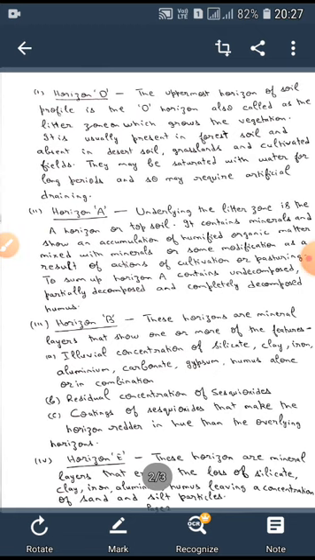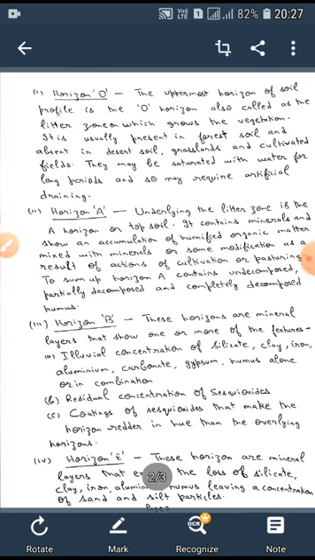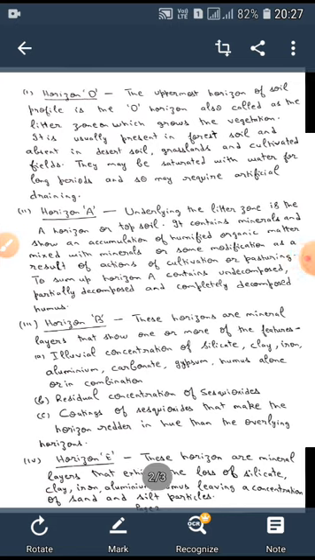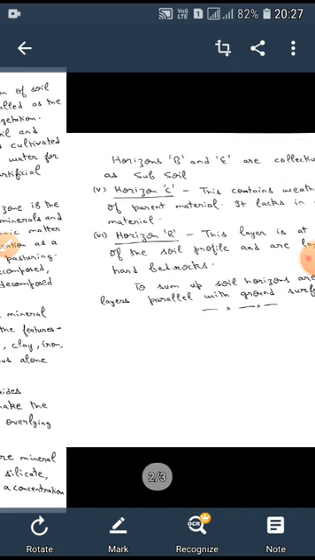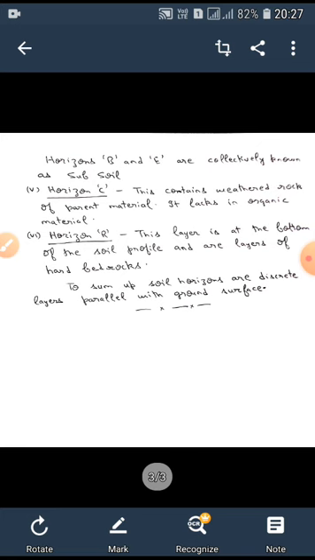The next horizon underneath the horizon B is the horizon E. These horizons are mineral layers. It exhibits the loss of silicates, clay, iron, aluminium, humus, and leaves a concentration of sand and silt particles. Horizons B and E are collectively known as the subsoil.